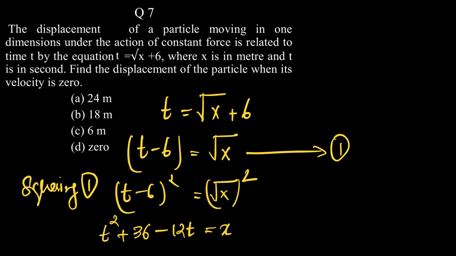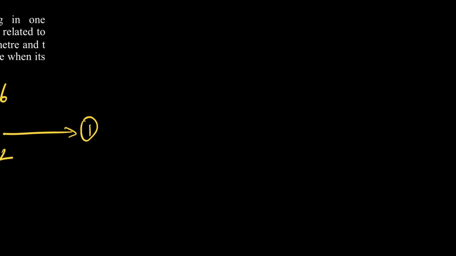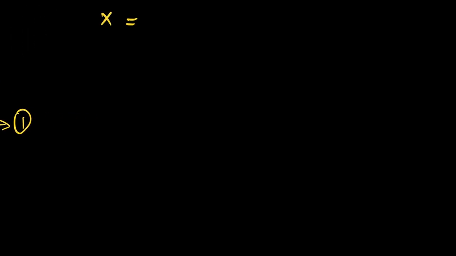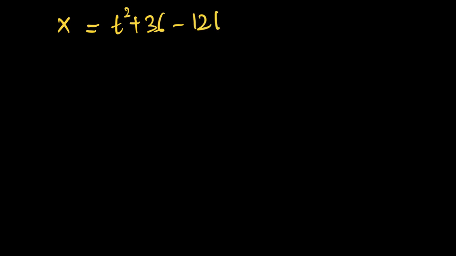So we basically have the equation x is equal to t square plus 36 minus 12t. Now, if this is x, what is dx by dt?